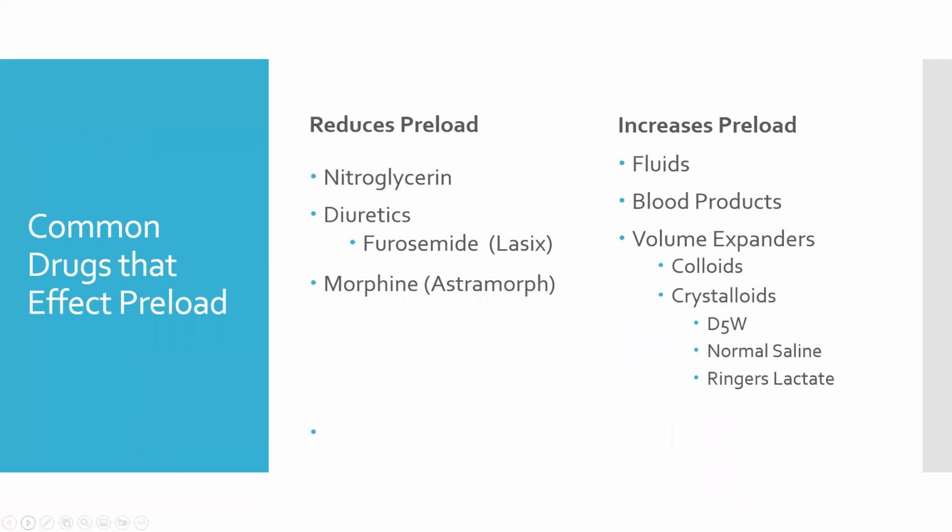Common drugs that affect preload, tipping our hand for the review that will go over the pharmacologic interventions. Drugs that reduce preload: nitroglycerin, diuretics, including Lasix, but not only Lasix. Lasix is what's known as a loop diuretic. Loop operates in the loop of Henle. It's a very potent diuretic.